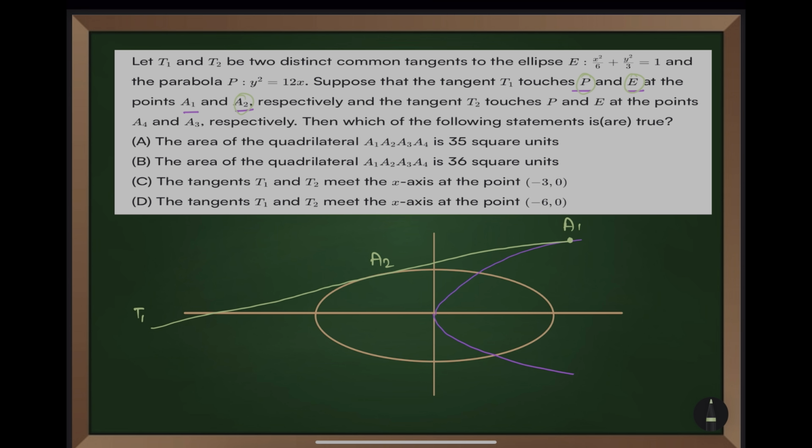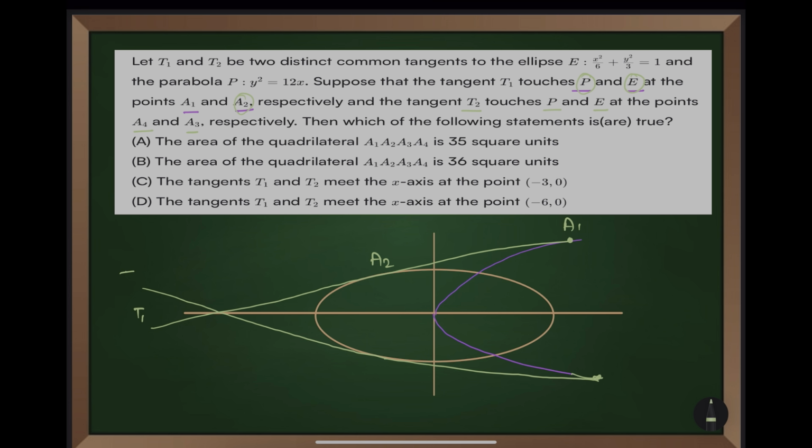Now, respectively, the tangent T2. There is another tangent. Tangent T2 touches the parabola and ellipse at A4 and A3. Suppose it will touch at this point.